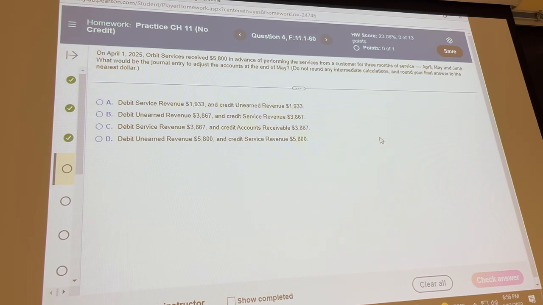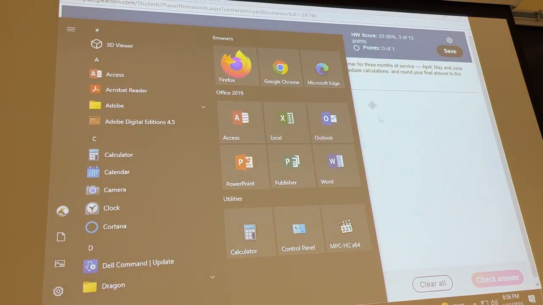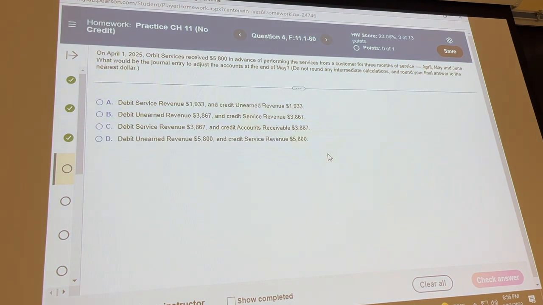This is kind of review from chapter 3. Apparently they did not adjust the accounts at the end of April. So when they're adjusting the accounts at the end of May, the adjustment needs to cover both April and May.